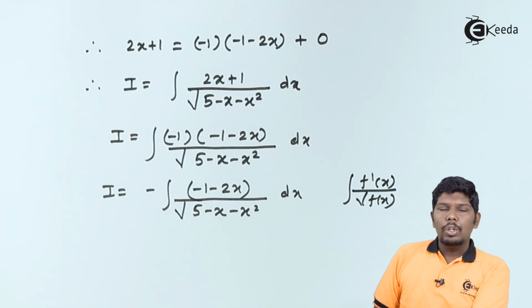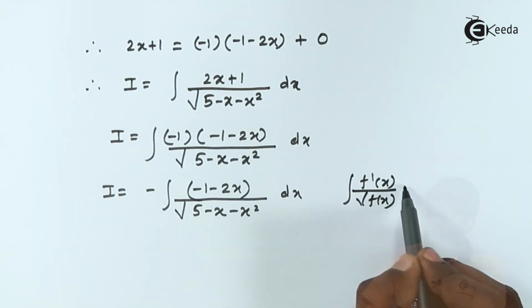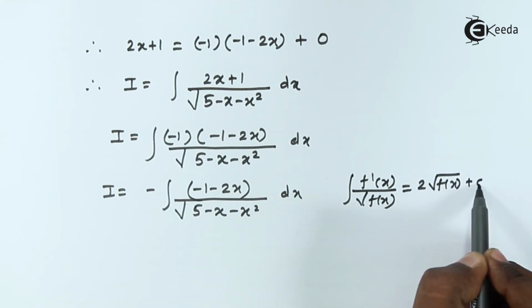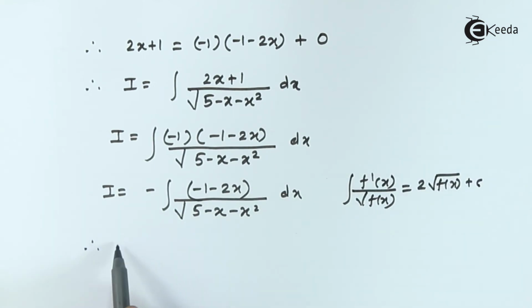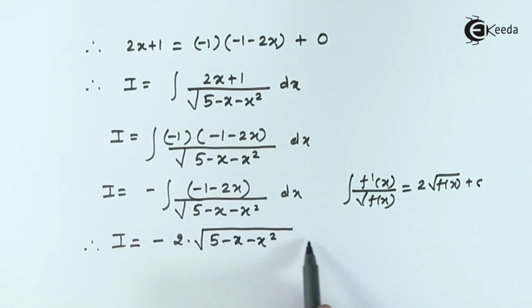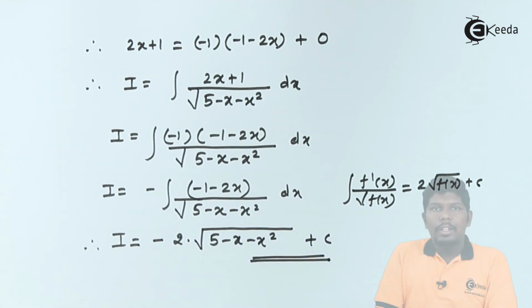And in the previous videos also we have clearly seen that its result is 2 root f of x plus c. Therefore, the final answer of I will be minus 2 into under root f of x is 5 minus x square plus c. This is our final answer.